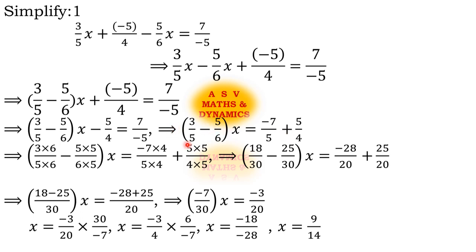Now on the left side you have to use the LCM method, and on the right side also, because here the denominator is different, and in between the numbers it is a plus. Here also the denominator is different, and in between the numbers it is minus. Once you have minus and plus, you want to concentrate and think of the LCM method like this.